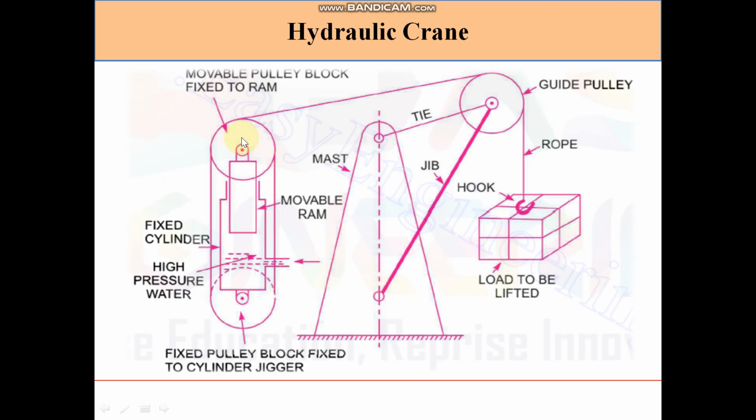So the movable ram is moving in the upward direction. That's why the movable pulley is also moving in the upward direction. Due to this movement, the distance between the two pulleys increases, and that's why the wire rope is wound here, and due to this the heavy load can be lifted.